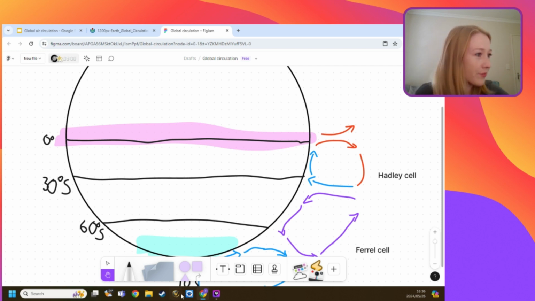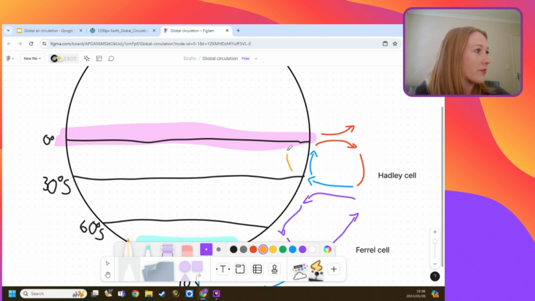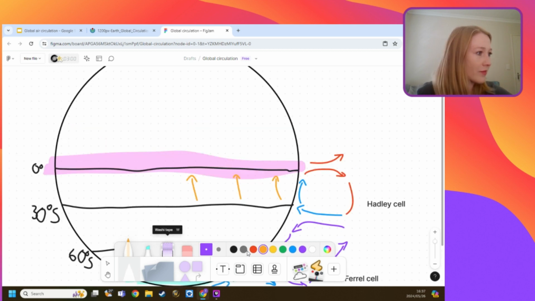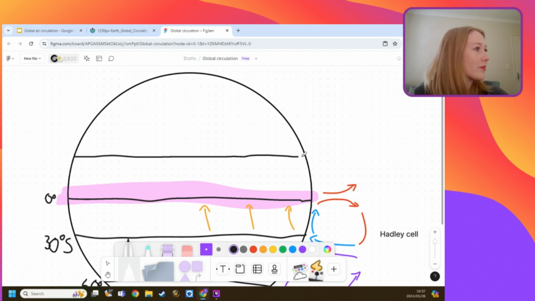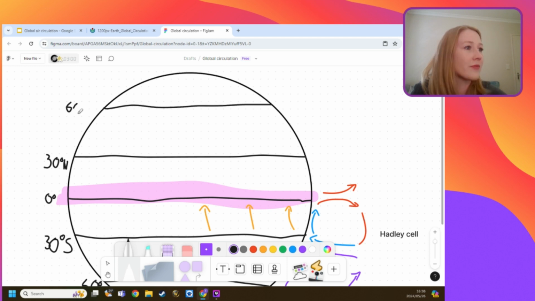Let's draw in a few more arrows. I'm just going to draw the cell in for the northern hemisphere as well. There we go.